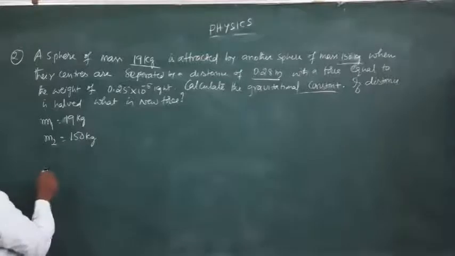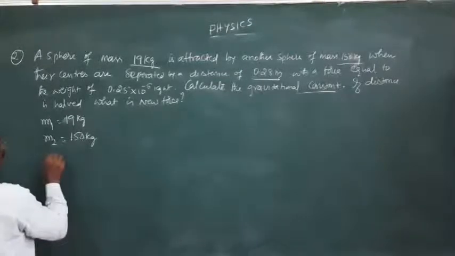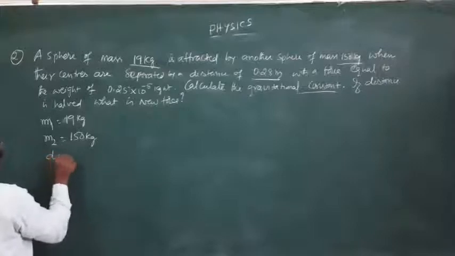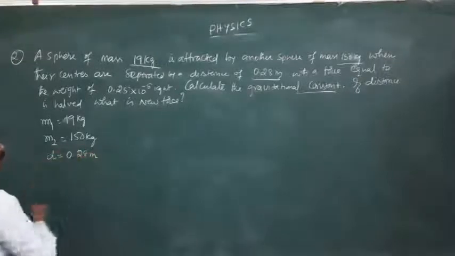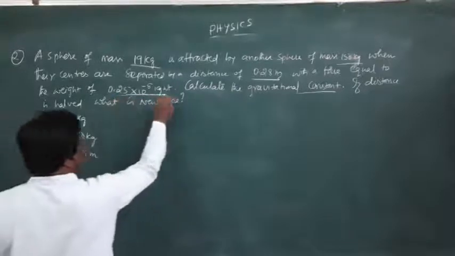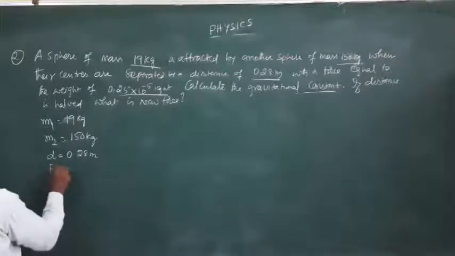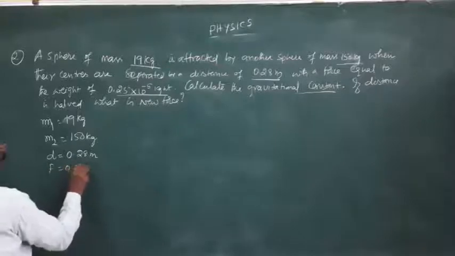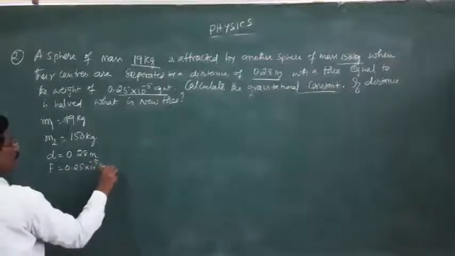So what is the distance of separation? I take D as the distance. D is equal to 0.28 meters. The force between these two bodies is F equal to 0.25 into 10 raised to minus 5 kg weight.